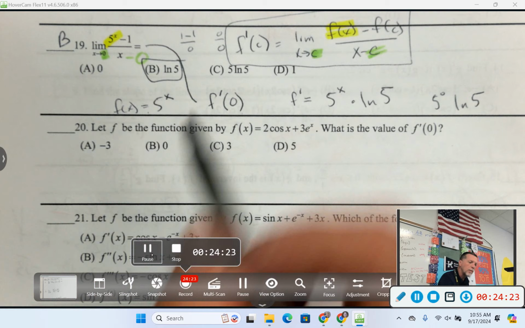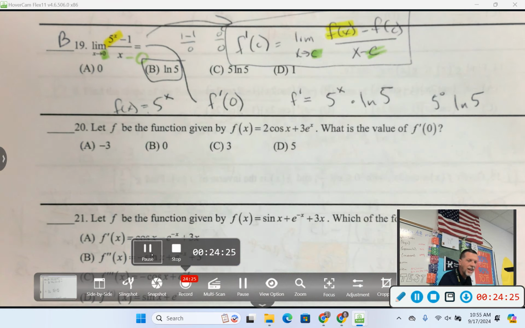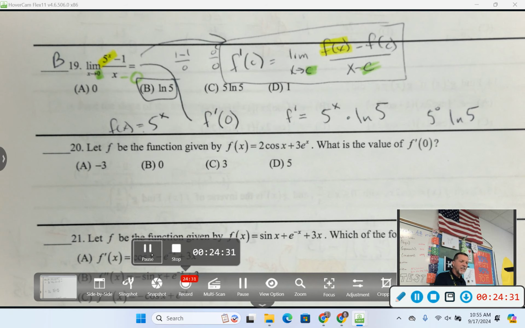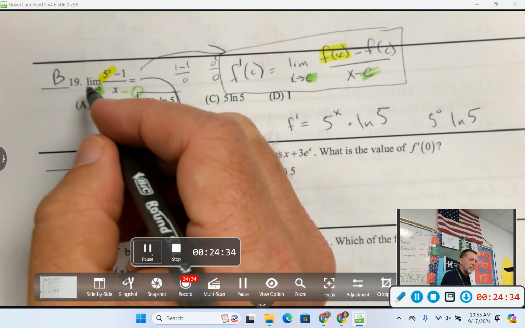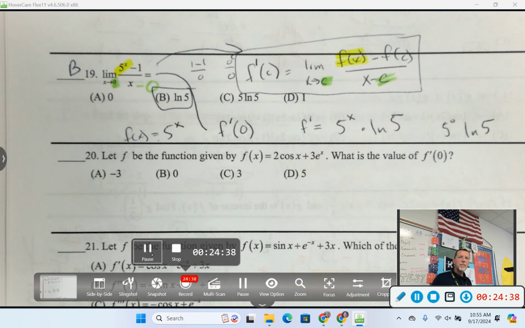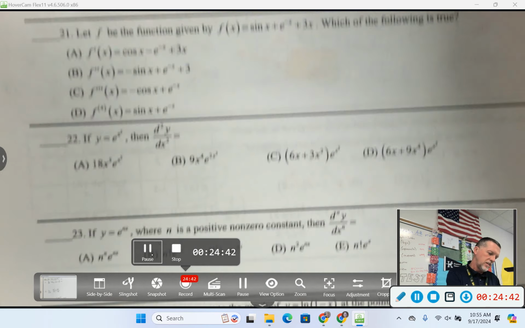Your brain probably doesn't immediately jump to that definition. The good news is, later on in calculus life, like this semester, maybe next semester, there's another way to work that problem. We don't know it yet, but it's easier.